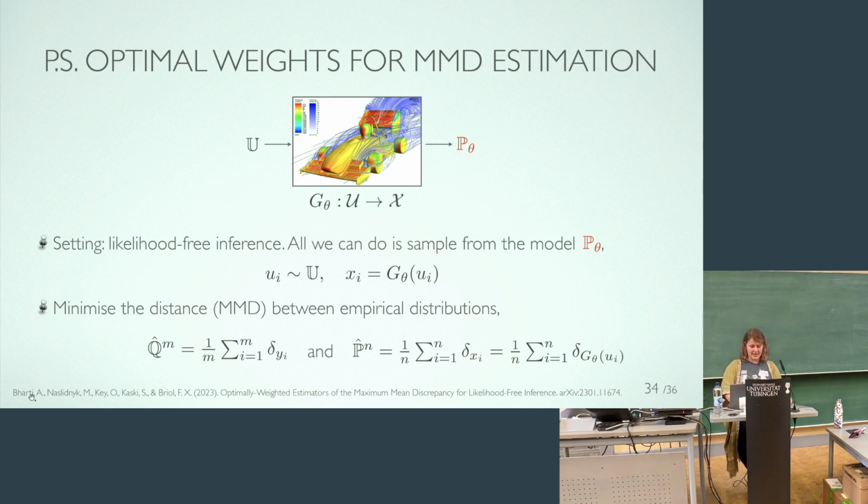And finally, very loosely related to the talk, I just wanted to pitch some recent work that we've done. This one is out on arXiv. So here we, again, look at MMD in a slightly different context.